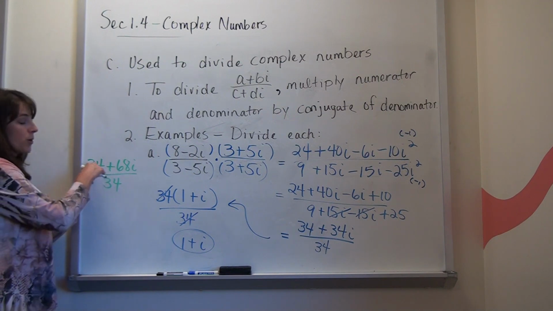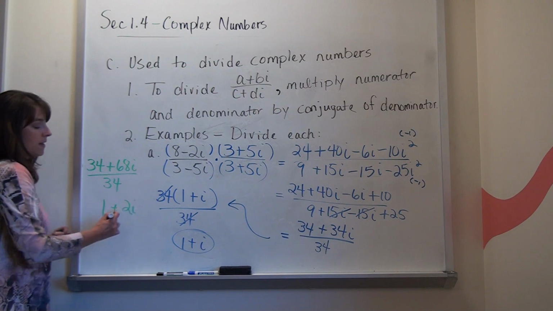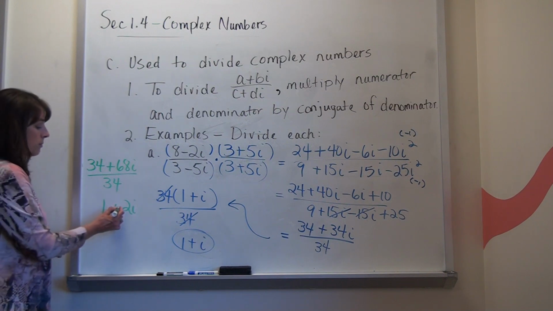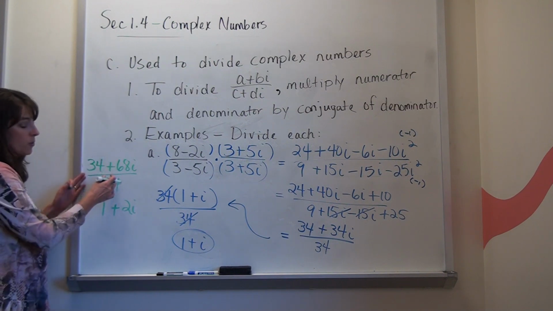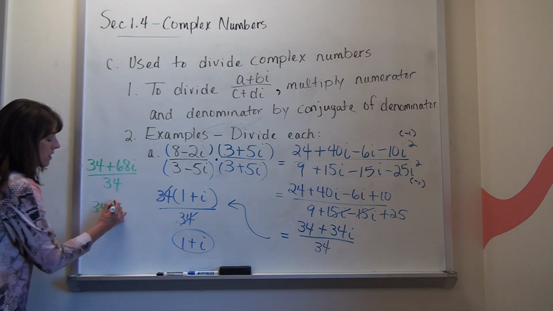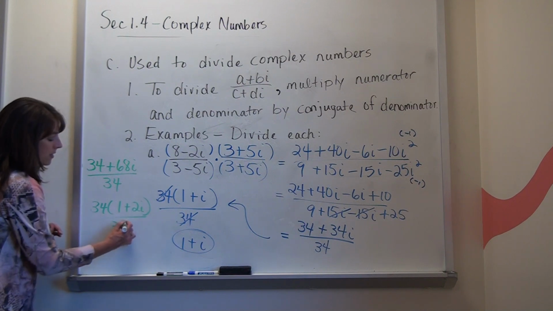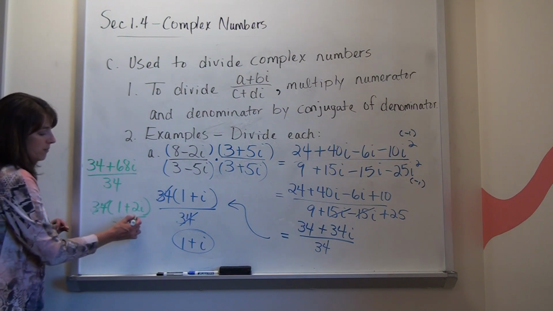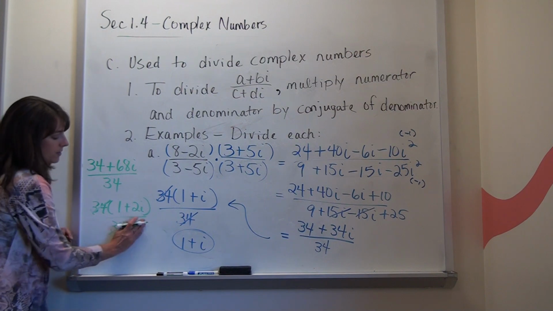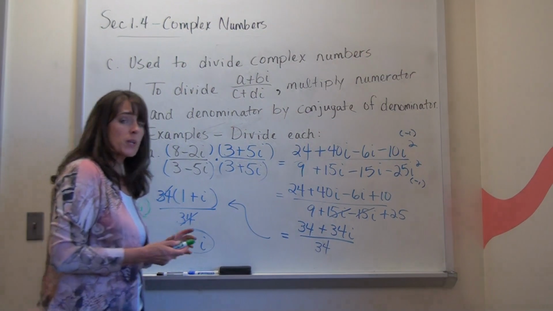Well, this 34 will go into here once, but it will go into there twice. So you need to make sure that it will go into both. And again, the other way to handle this is to say, well, I can factor a 34 out of both of these numerators, leaving me with 1 plus 2i, and that 34 will cancel with this 34, leaving me with that 1 plus 2i. So again, you have to be careful about it.